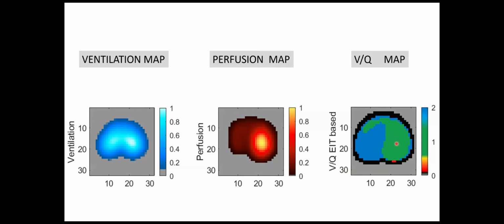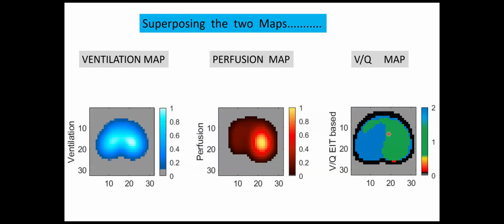Green means that I have good perfusion and good ventilation. Blue means that I have much more ventilation than perfusion. And red, which I have only 1 dot here, means that I have more perfusion than ventilation. So we are superposing the 2 maps. And this is now provided in the online software of the EIT.